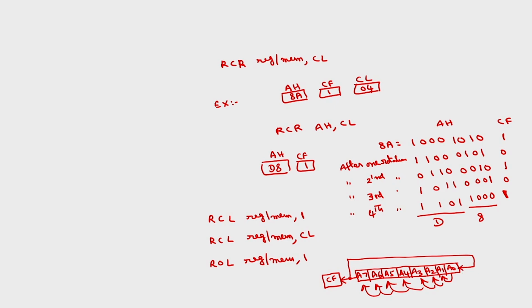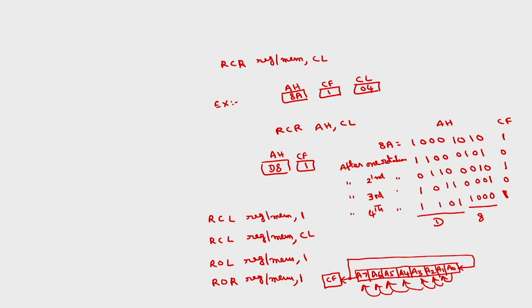In case of RCL, this A7 will go to carry, the carry contents will go to A0, whereas in case of ROL, A7 will go to carry as well as A0. Okay. So if I take the example of the same 8A, and similarly we have ROR register comma memory comma 1.